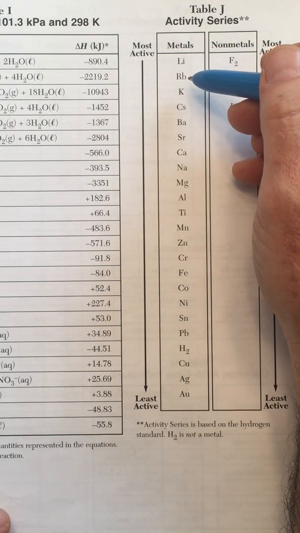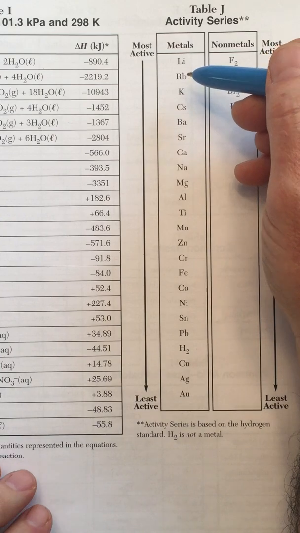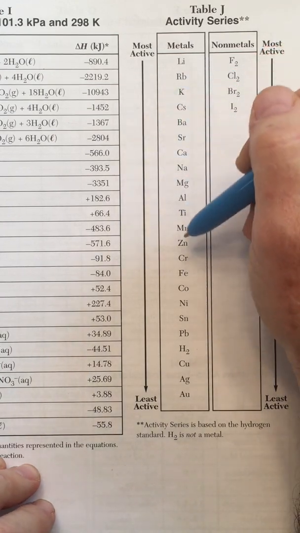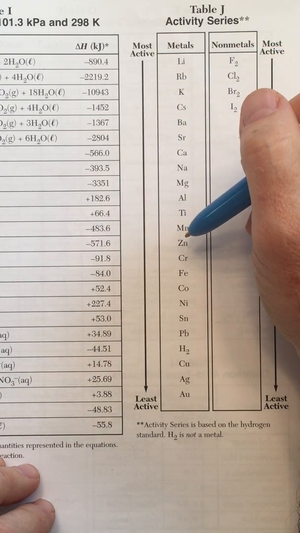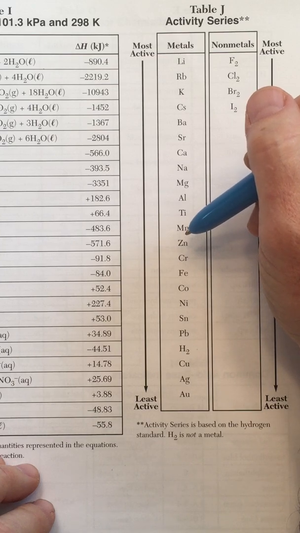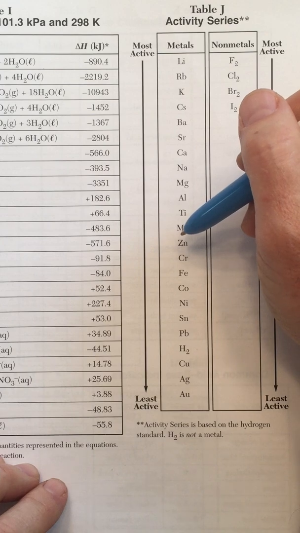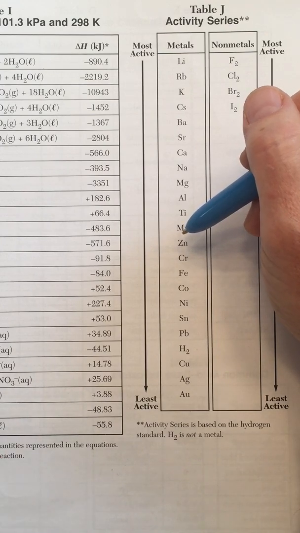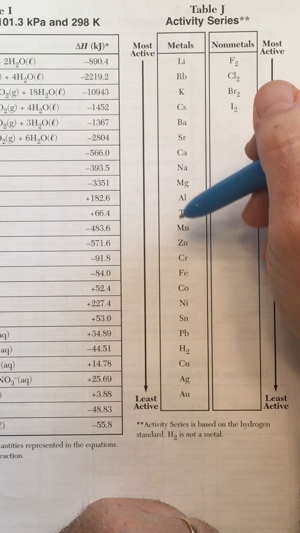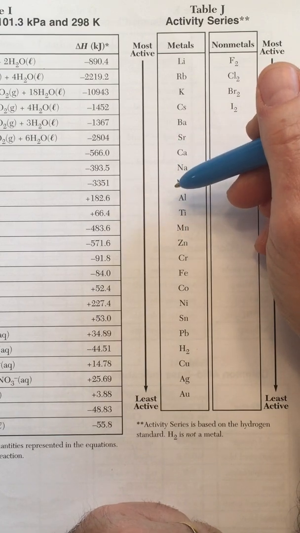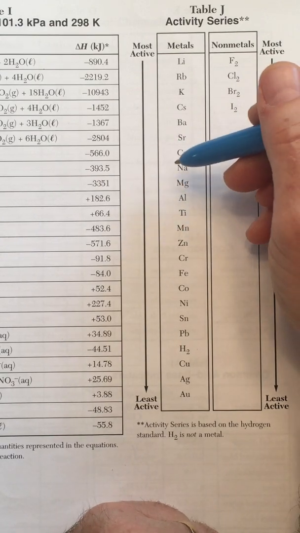Another thing we should keep in mind is if we have two metals in association with each other, in other words, two metal strips in a solution, we also have to think of what's going to happen with the electrons, because there's going to be a transfer of electrons. That's what redox is.